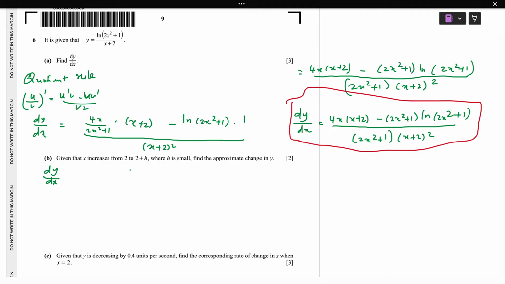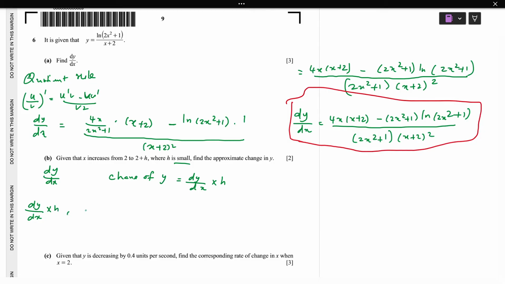So x is increasing from 2 to 2 plus h, where h is small. So the change of y is equal to dy by dx into h. So I just need to do dy by dx into h.